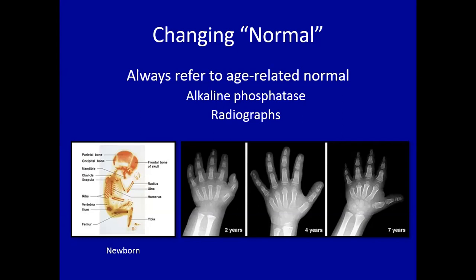Well, that's just the cartilaginous tissue between bones. The portions that you can see of the bone is the calcium and phosphorus that's laid down.